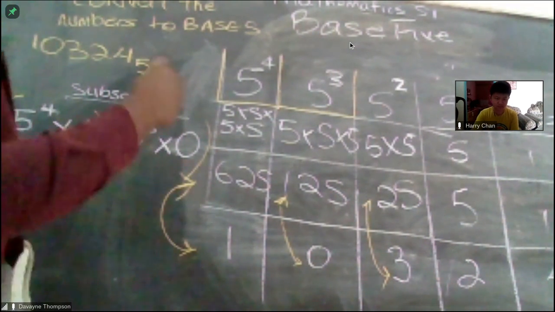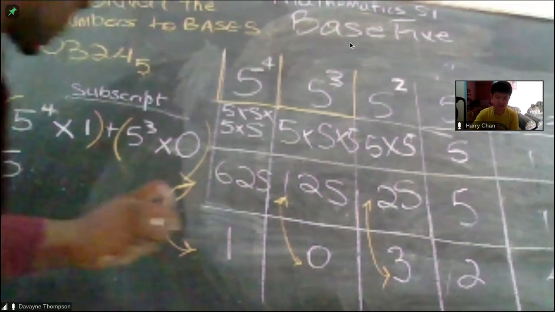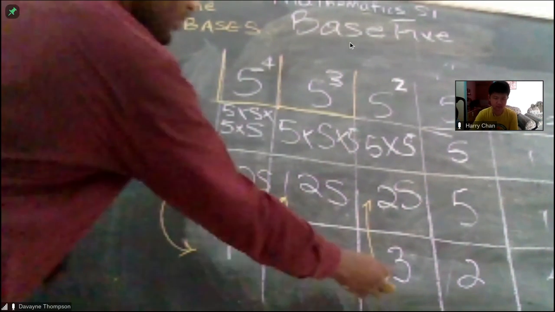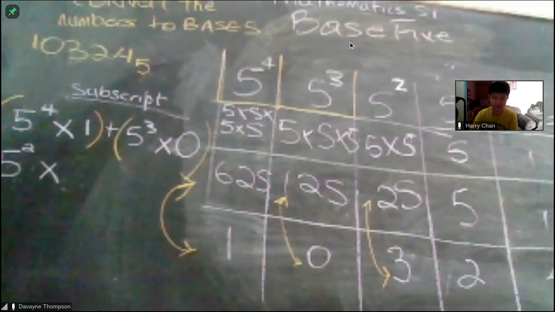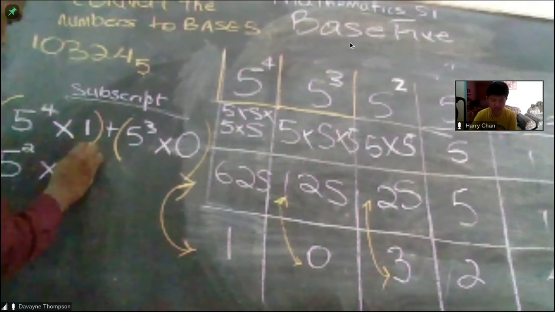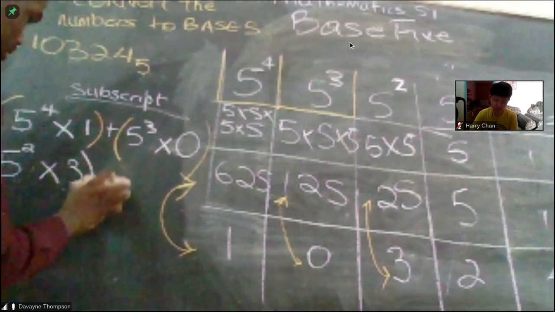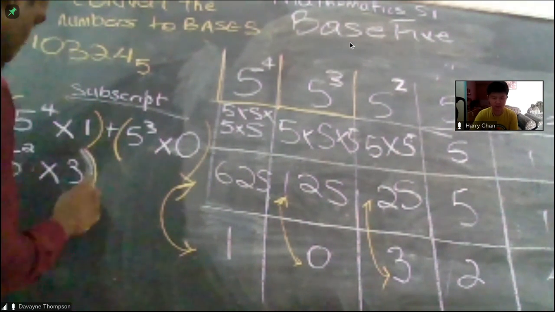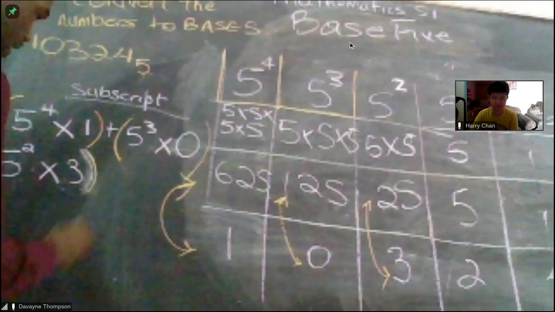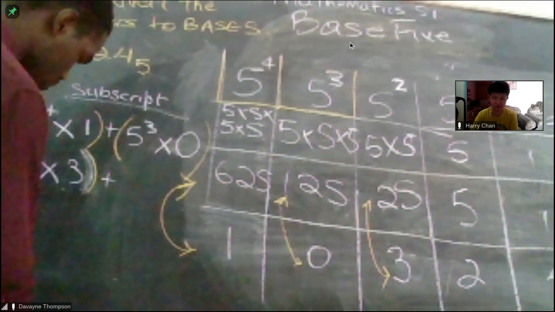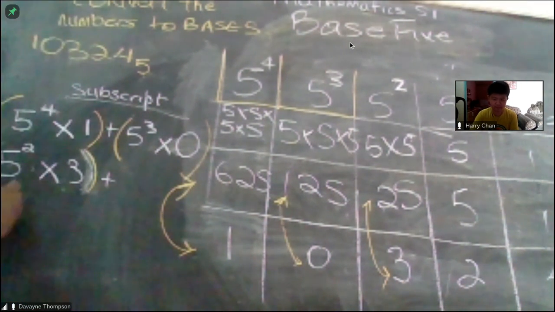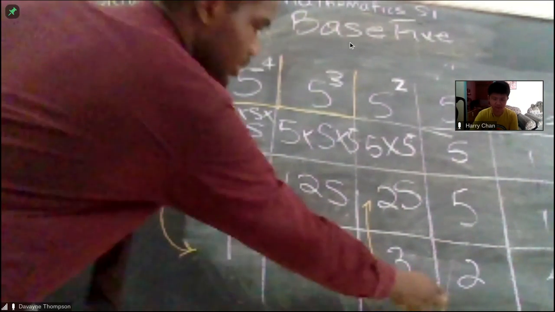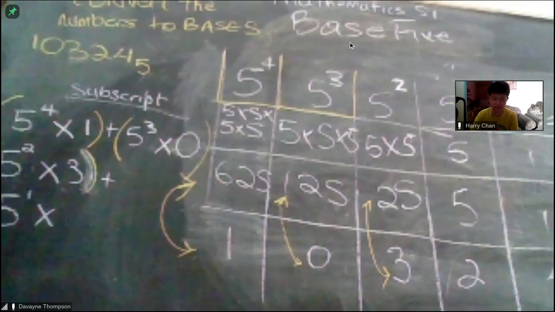After 5 to the 4 and 5 to the 3, what comes next? 5 to the 2, and that's multiplied by what value is here? 3. 3, excellent. Alright, keep going. What's the next row? 5 to the 1. We're going to do 5 to the 1 multiplied by 2.